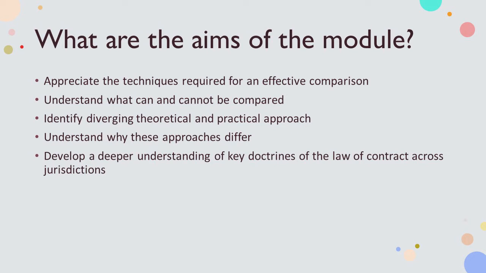The first is that we're going to try and appreciate the techniques required for an effective comparison. That means that we're going to look at how and what we can actually compare to make it a real comparison. We'll notice that comparing oranges and elephants, for example, may in some cases work, but in other cases deliver really false results.